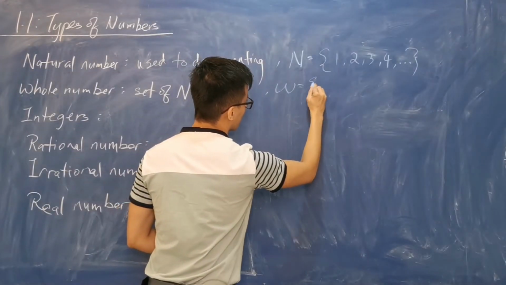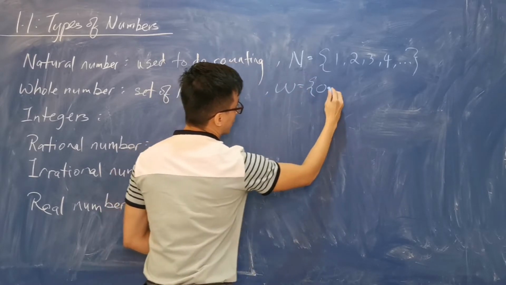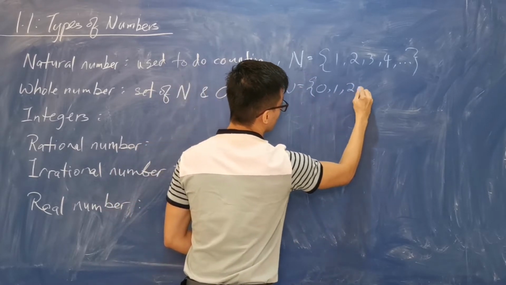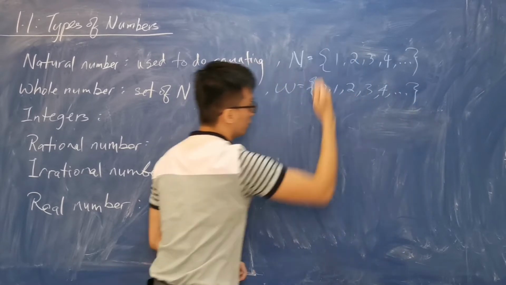The whole number can use the symbol W, and the elements inside are 0, 1, 2, 3, 4, and so on.